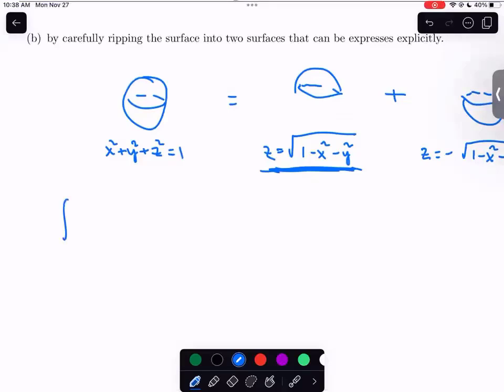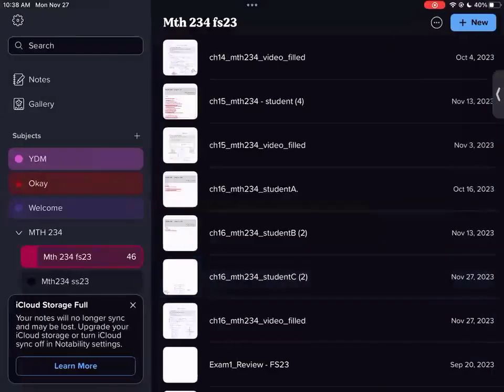All right, so in this case, we are doing our integral of z squared. Well, we know a z equals function, so I'm going to substitute in, everywhere I see a z, 1 minus x squared minus y squared. And again, we're integrating z squared. Now, because we have a z equals function, let's jump back one more time to our pre-class notes.